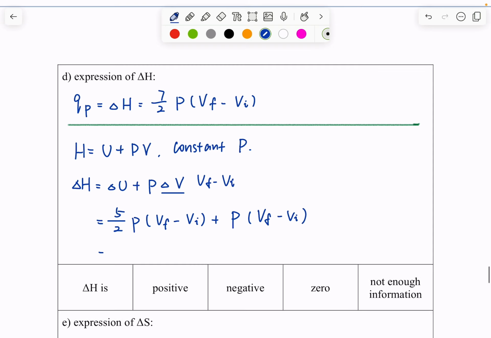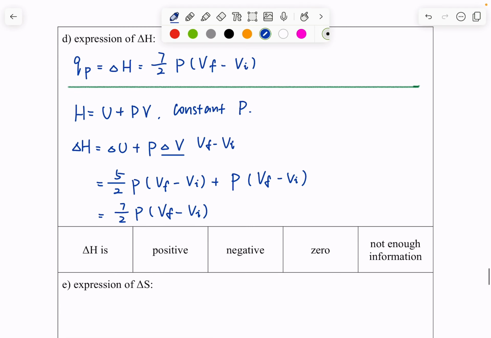And likewise, we get the same result of 7 over 2 P times V final minus V initial. And this must be a negative number since my V final minus V initial is negative. And these two numbers checked out. We're happy.